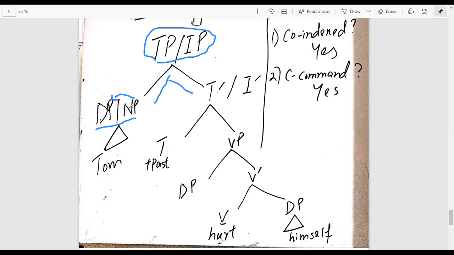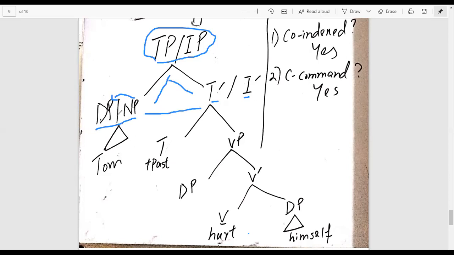The second one is I-bar or T-bar, that is tense bar or inflection bar. So I divided the sentence. This division follows the principles used in X-bar theory, which we also discussed in the book, and I will repeat X-bar theory in the next 2 or 3 lectures as well.